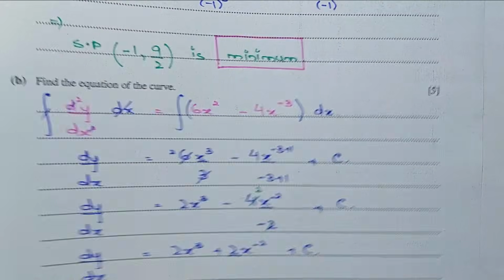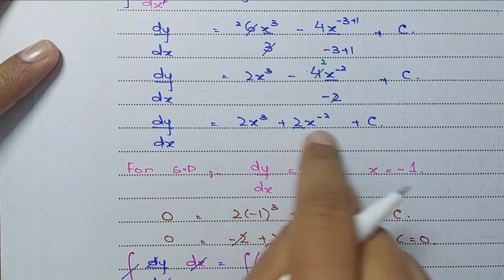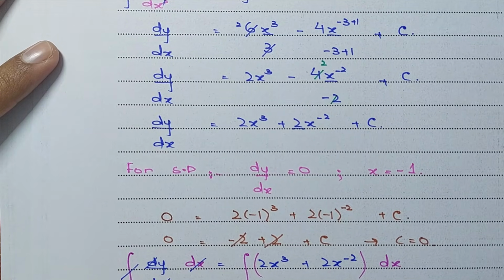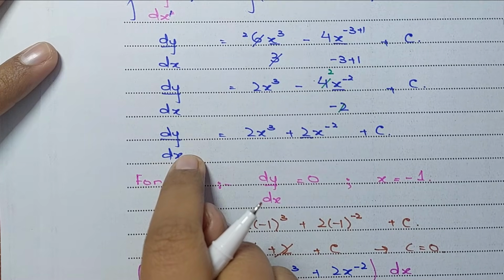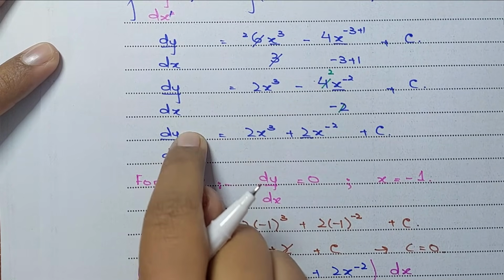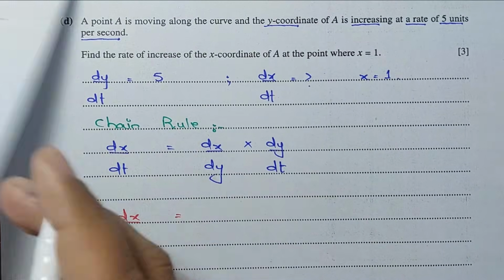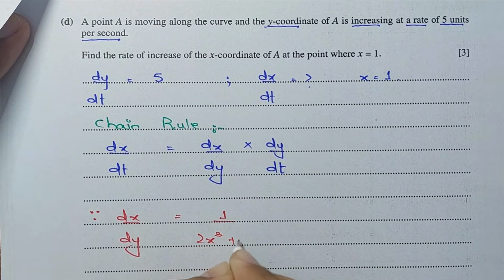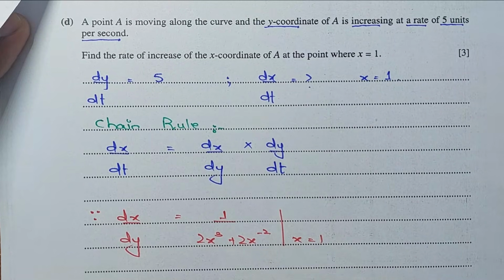This equation is your dy over dx, so for dx over dy, take the reciprocal. The reciprocal of this is 1 over 2x cubed plus 2x to the power negative 2. Let me solve this at x equal to 1.